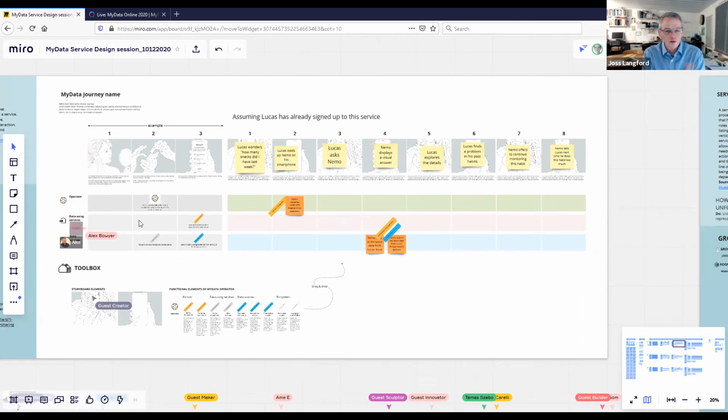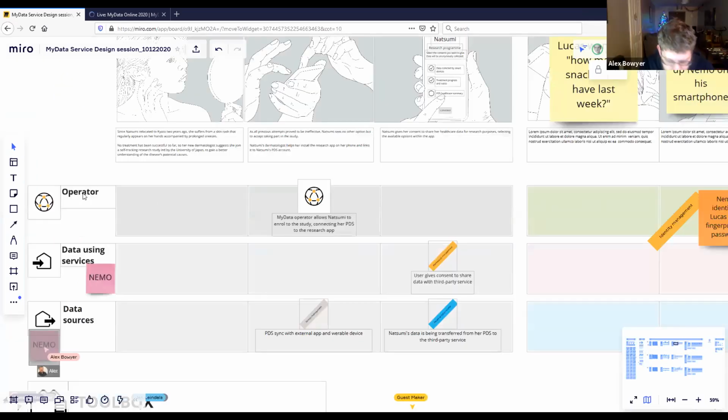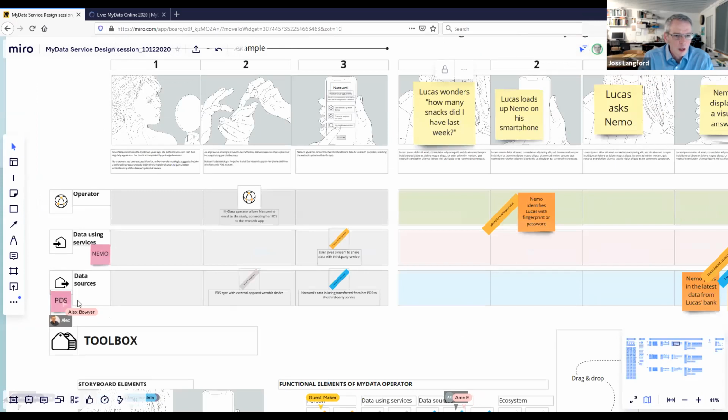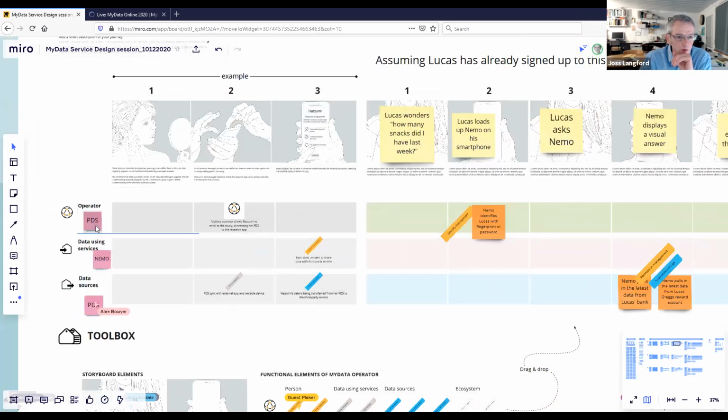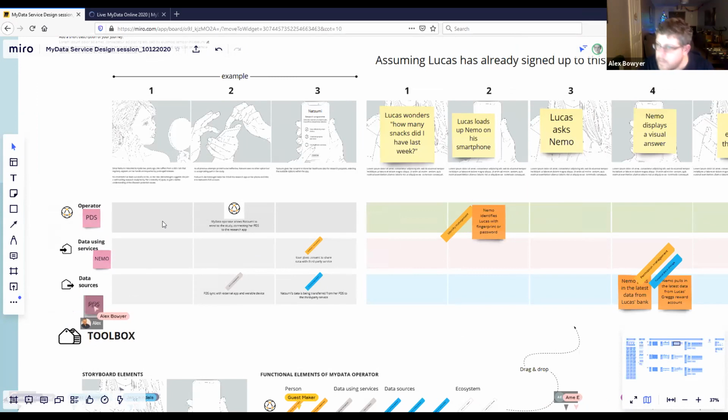So in some ways, because you're looking at a PDS, you could put the operator stuff in there. So it's the personal data store, but then it's also got the external. What we do within the operator's work is, I'm going to move the thing for you. We say the personal data store is part of the operator. Oh yeah, I see. Does that make sense? Yeah.